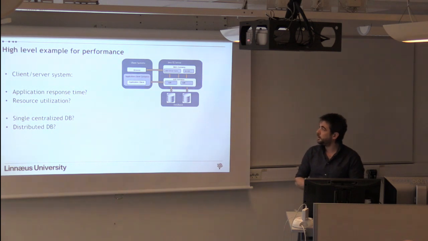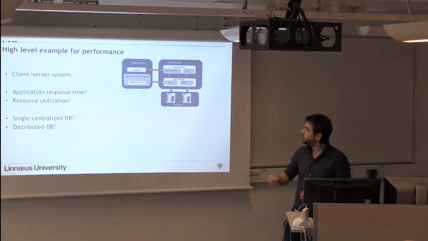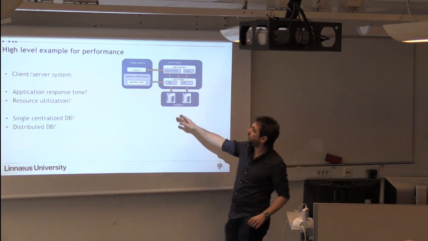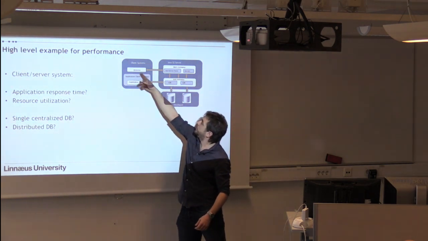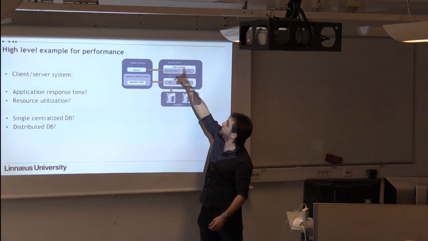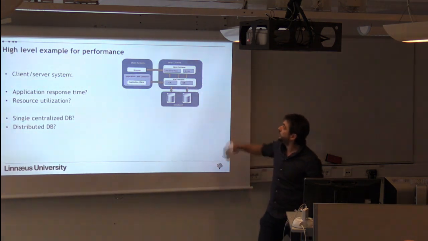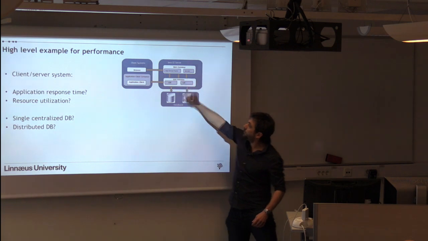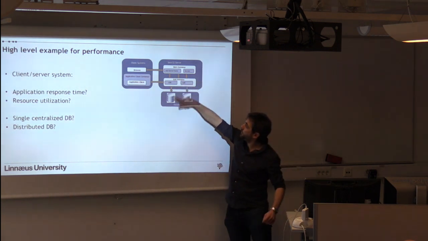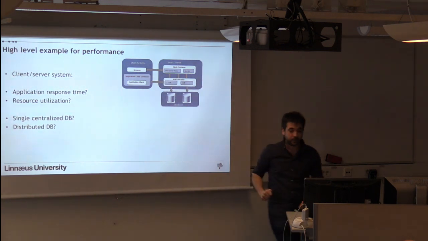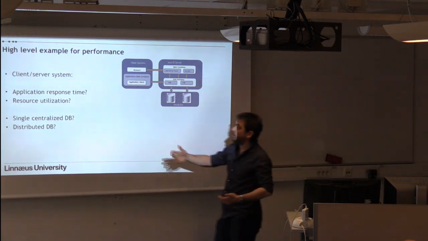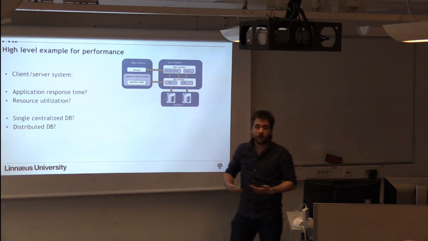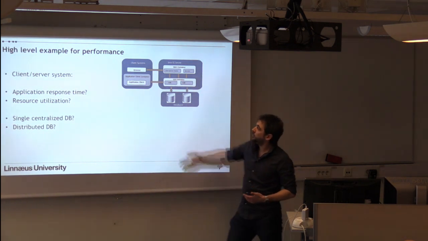So this is another example with which we are going to work. We have a client-server system. Here is the client, which uses a browser to access a server that has a web container, which communicates with some Java beans, which communicate with the database to answer the client. Could we say what is the application response time for the client?